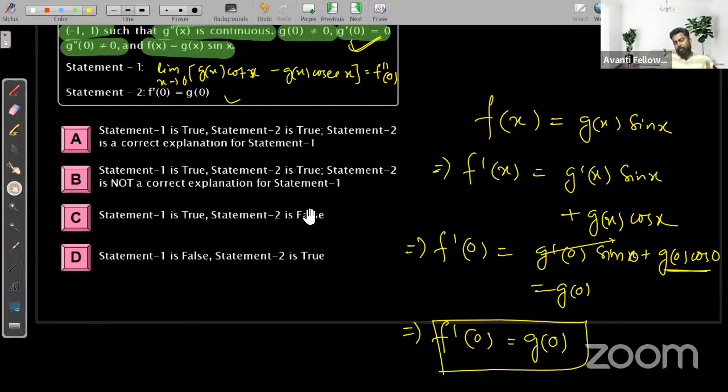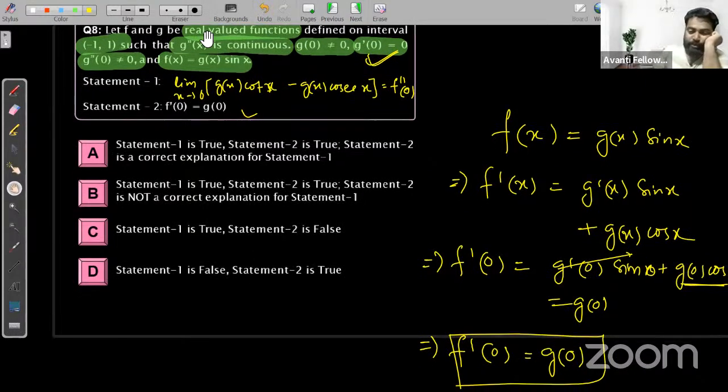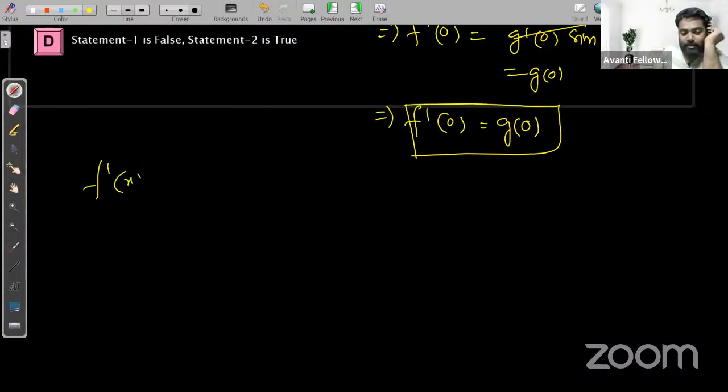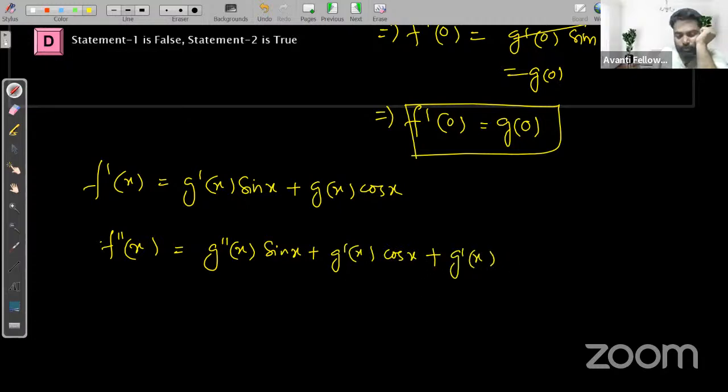In the right hand side of the first statement, we are having f double dash of 0, right? So we got f dash of x as g dash of x into sine of x plus g of x into cos of x. If we take f double dash of x, it will be g double dash of x into sine x plus g dash of x into cos x plus g dash of x into cos x minus g of x into sine of x.